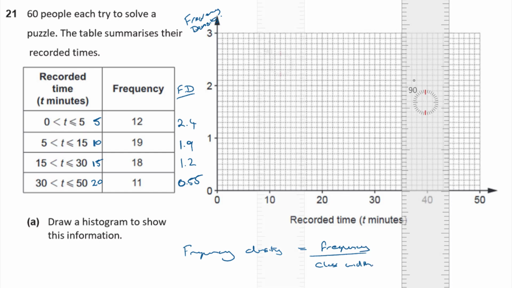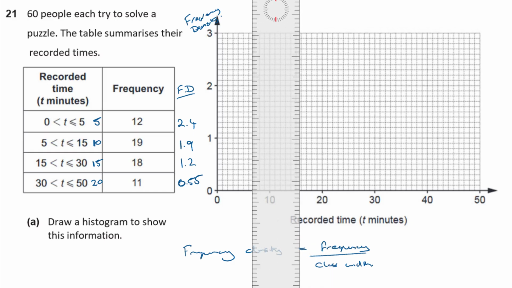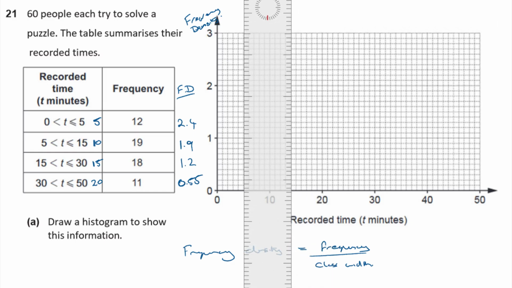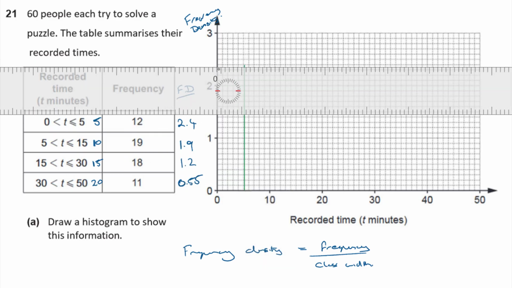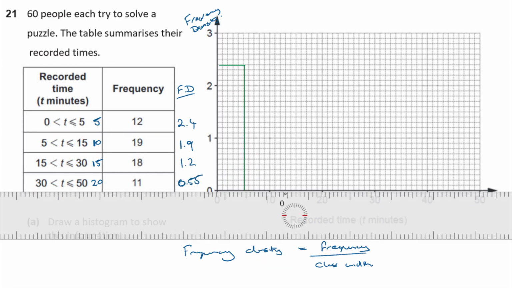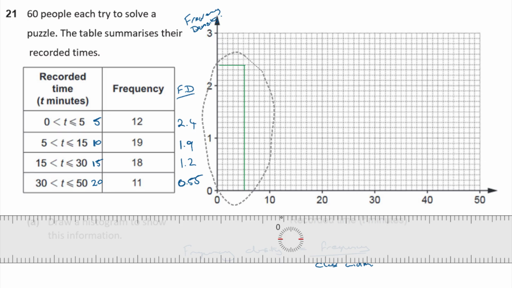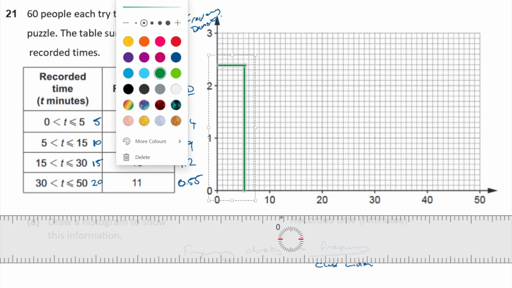So my first rectangle has a width of 5 going from 0 to 5, a height of 2.4, so it goes up to about there. Okay, that's my first bar. Make it a bit thicker so you can see it a bit better. Yeah, like that.